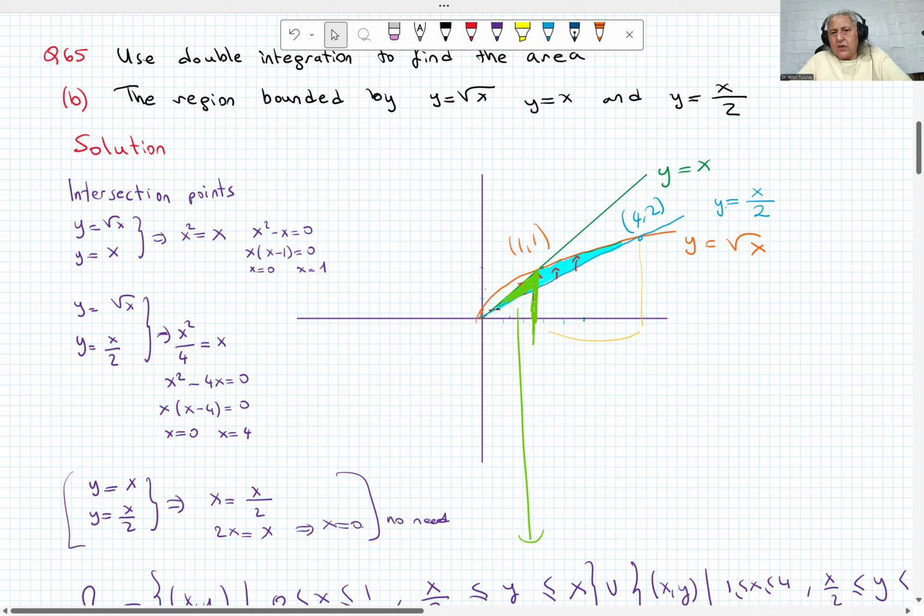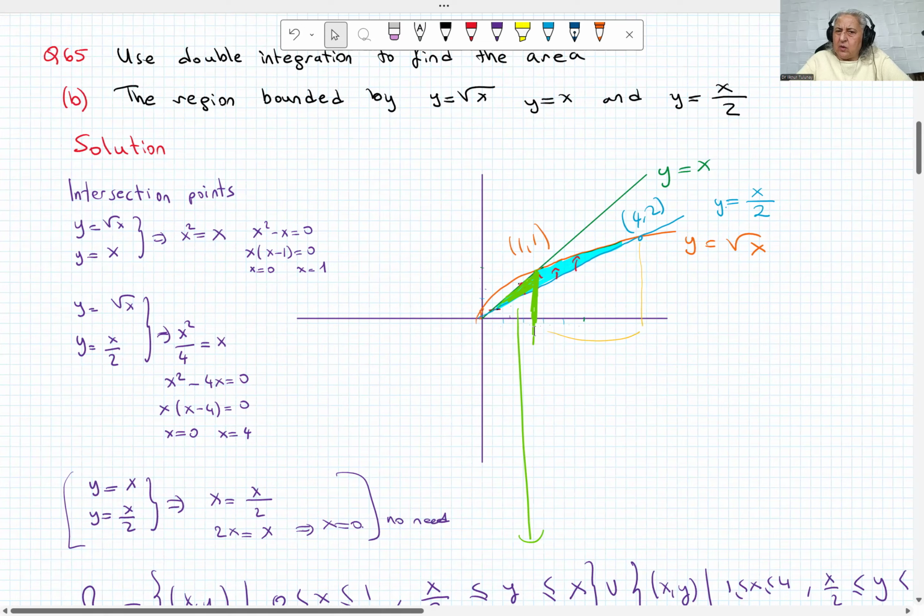But the thing is that this region has a different feature. From here, for x from 0 to 1, you have this curve. Lower boundary is x over 2, and upper boundary is y is equal to x, which is this green area.